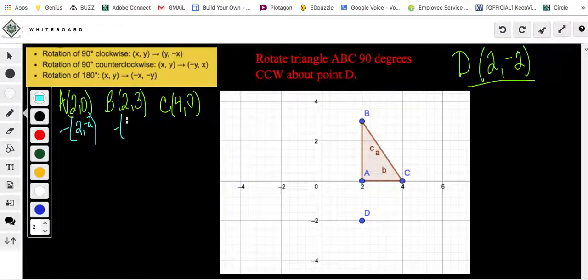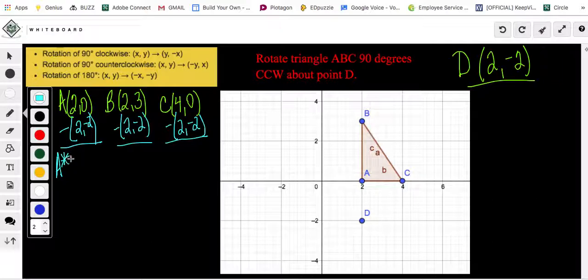So I'm going to write it by each set of points right here. Okay, and then this is going to give us our temporary A. It's not going to be our A prime yet, right? I'm putting a little star by it because this is our temporary number.